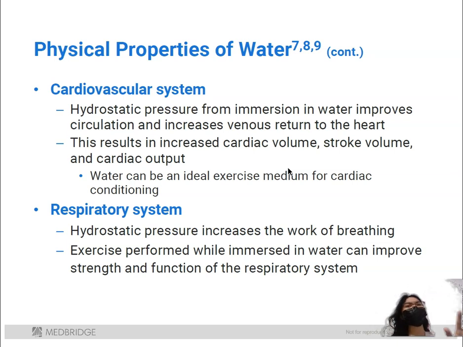Okay? And aside from the blood volume itself, the cardiovascular endurance is also improved. Syempre kasi pagka nag-strengthening exercise ka, it's not just the muscles working, right? It's also your ability to withstand fatigue.